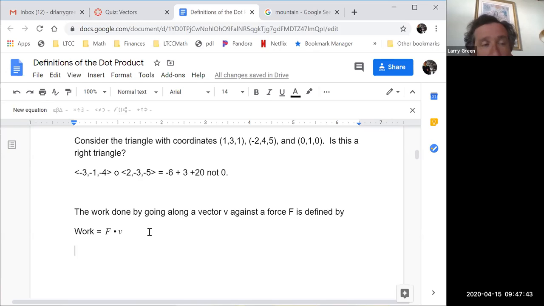Okay, well, here's the definition. Today's a lot of definition days. Let v and w be vectors in R3.